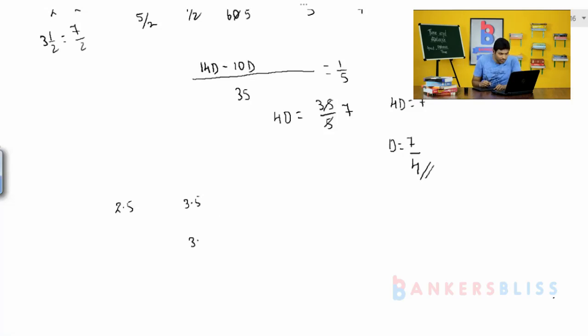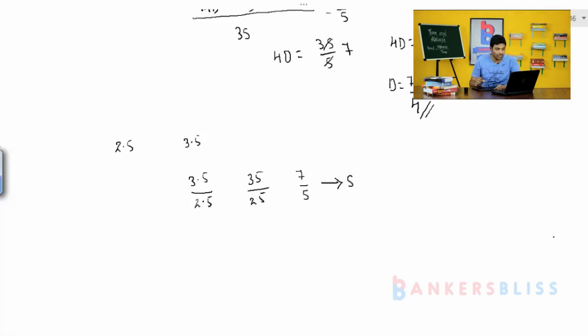Speed is 3.5 divided by 2.5. If I write in fraction, it is nothing but 35 divided by 25. If you simplify, it is going to become 7 by 5. So the ratio of the speed is 7 by 5.